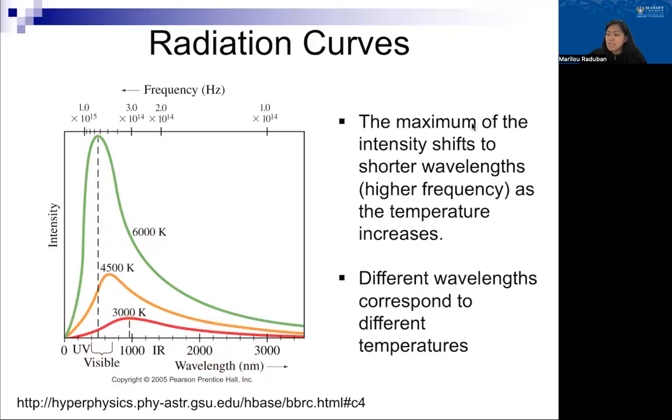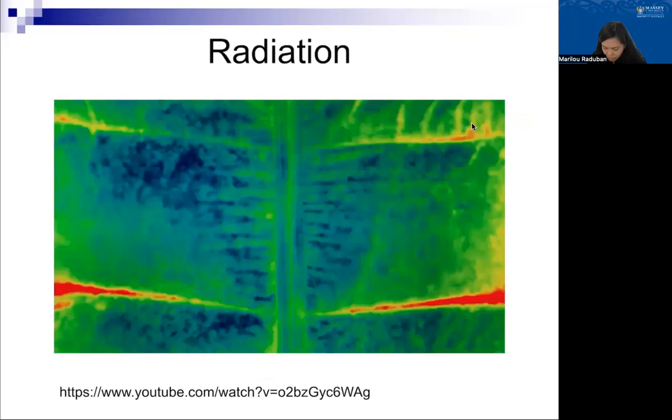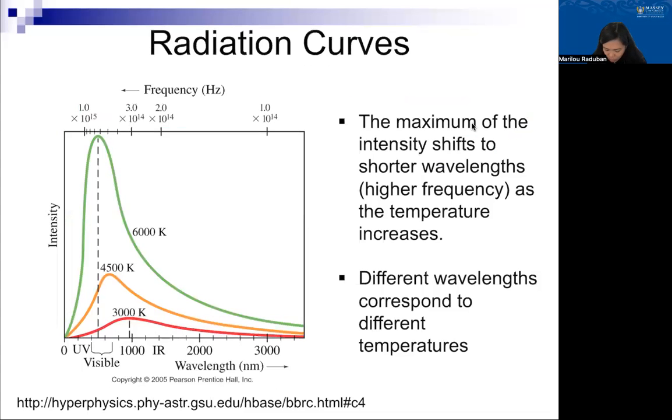Wavelength is related to the color of the object that we see. So maybe let's just look at the visible wavelengths, which are the wavelengths that we can see. These are the colors of the rainbow. That means red, orange, yellow, ROY G BIV. Essentially, a particular color has a particular wavelength.